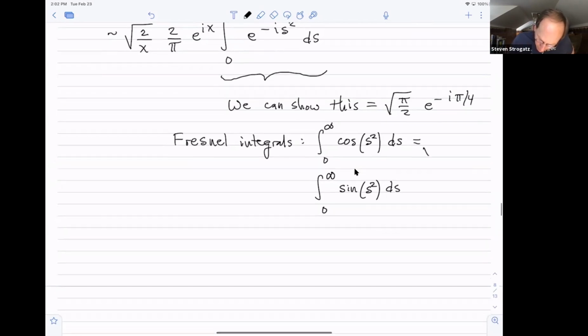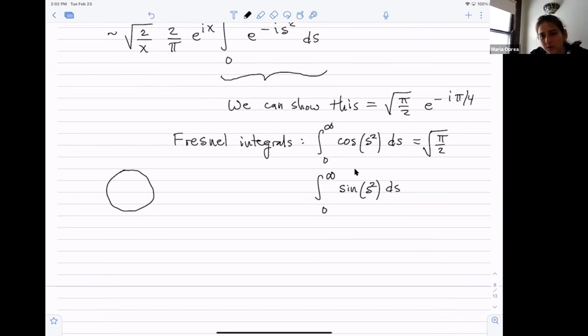Assuming the line above is right, it looks like I should get square root of pi over 2 and then e to the minus i pi over 4, times 1 over square root of 2. That's down here, right? Yeah.